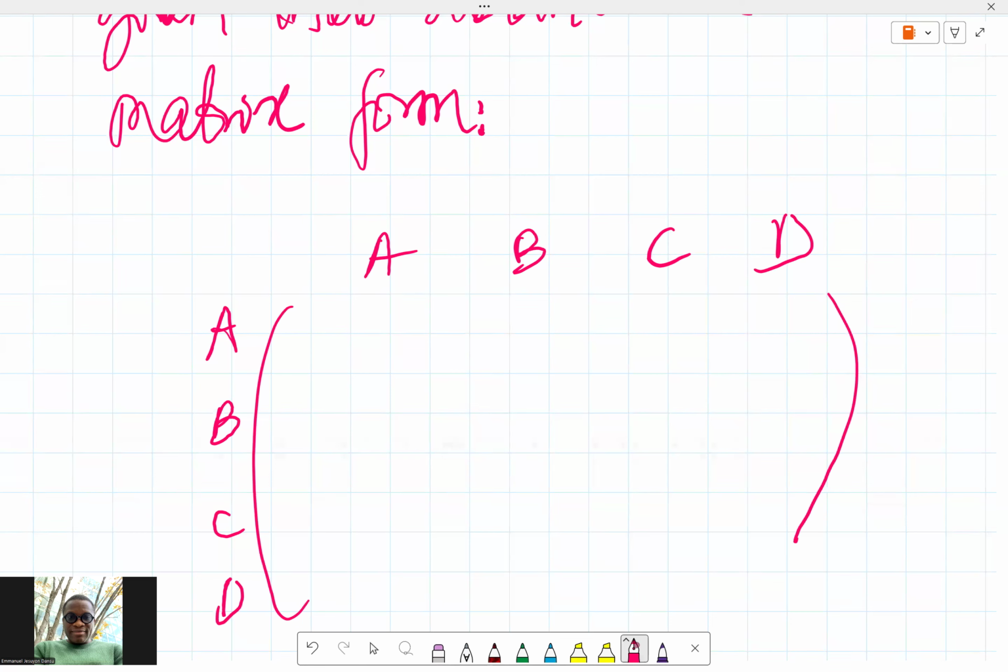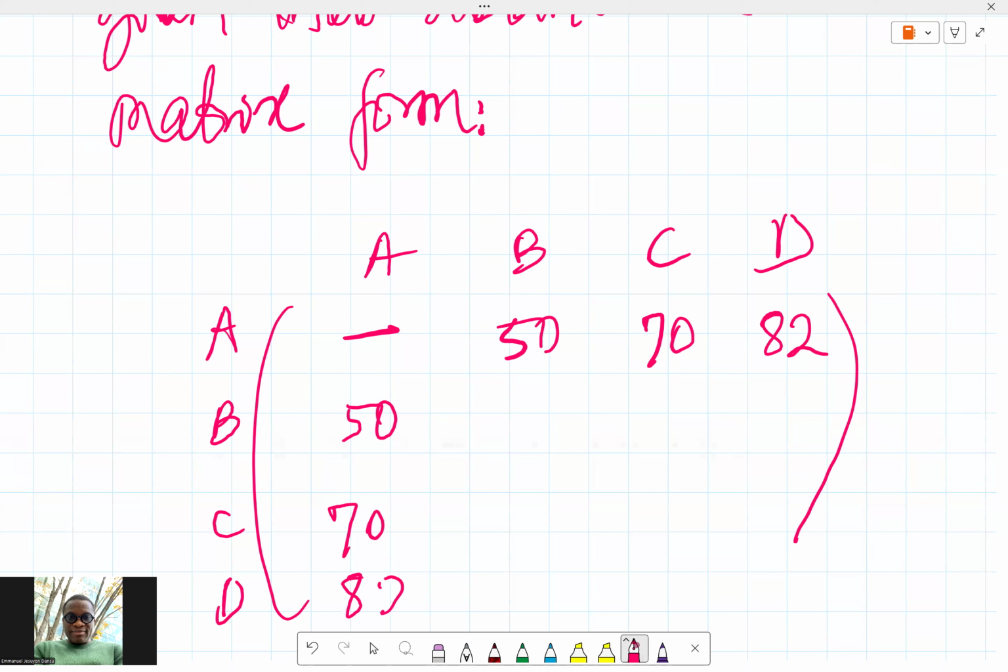From city A to A, of course, we don't have to worry about that. A to B is, let's say, 50 kilometers. That's just me making things up. B to A is also 50. A to C, let's say that's 70, and C to A is also 70. A to D is 82.